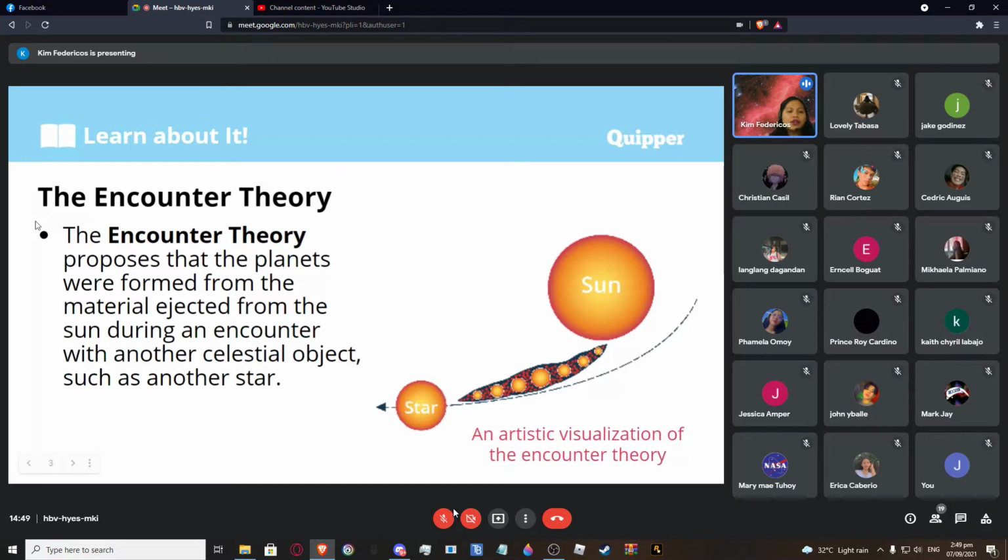Encounter theory proposes that the planets were formed from the material ejected from the sun during an encounter with another celestial object such as another star.